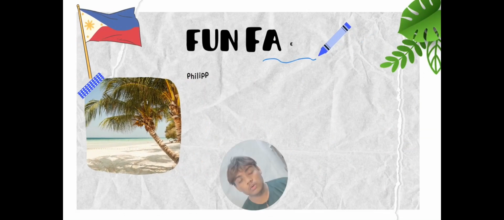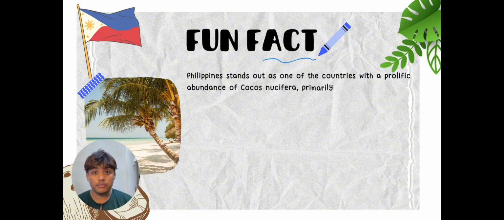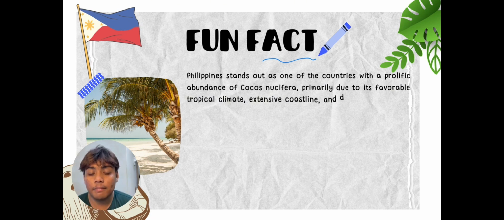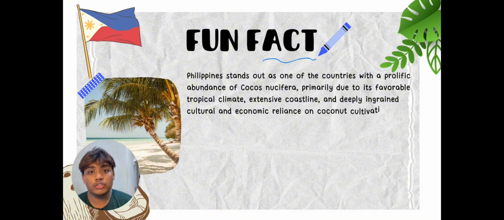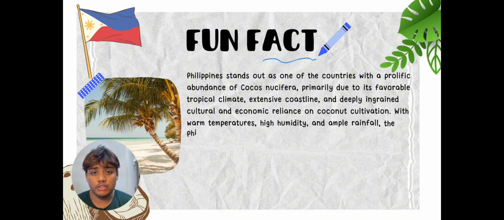A fun fact about Cocos nucifera, or the coconut palm: the Philippines is one of the countries where it is easy to find Cocos nucifera. This is due to favorable tropical climates, extensive coastline, and deep cultural and economic ties to coconut cultivation.